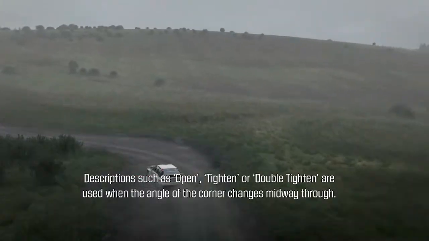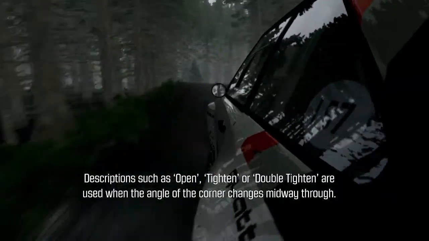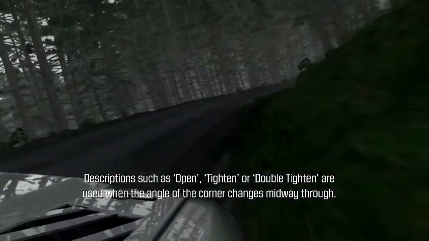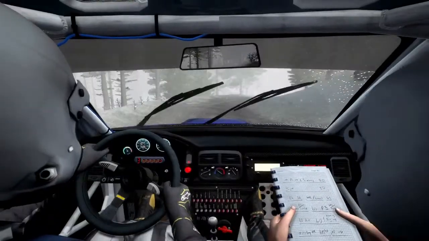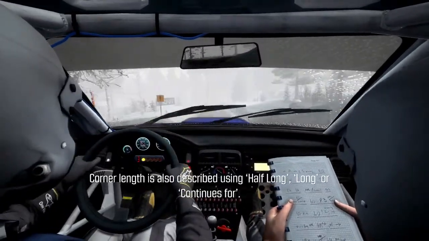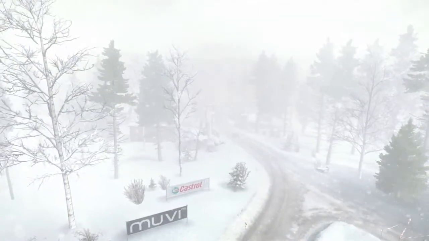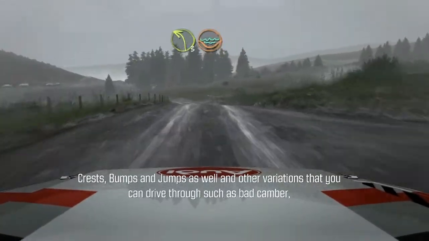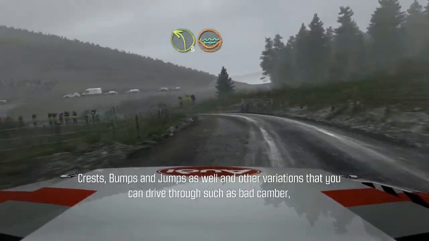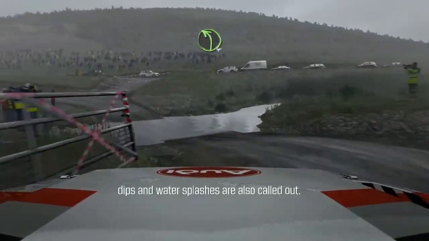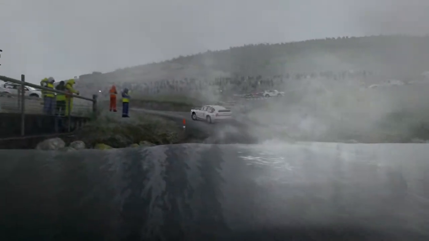Descriptions such as open, tighten or double tighten are used when the angle of the corner changes midway through. Corner length is also described using half long, long or continues for. Crests, bumps and jumps, as well as other variations that you can drive through such as bad camber, dips and water splashes are also called out.